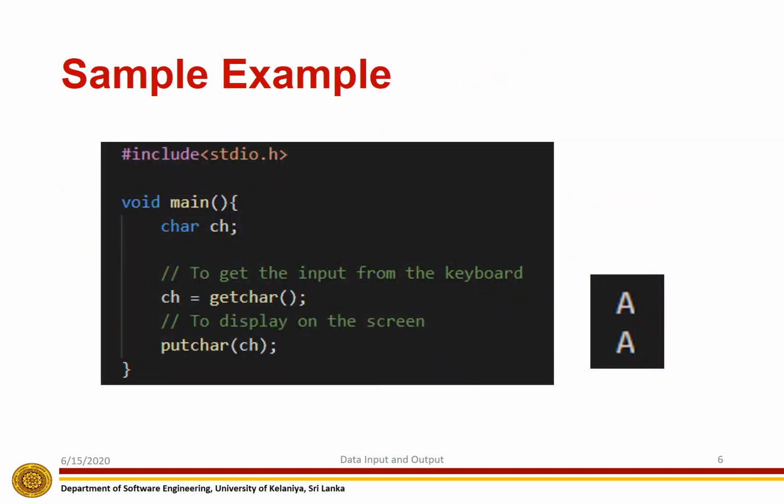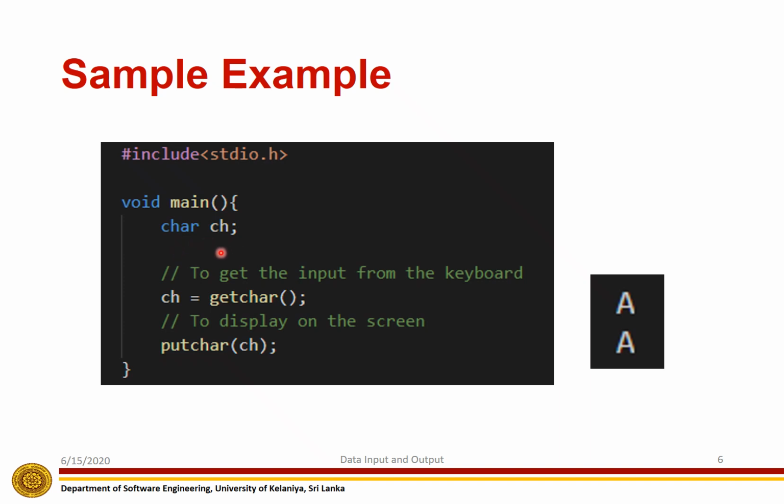Now we will see an example which contains both of these functions. Here you can see first I have included the header file for the input and output functions, #include stdio.h. Then I have created a main function for the program, void main. Then declared a character type variable as char ch.